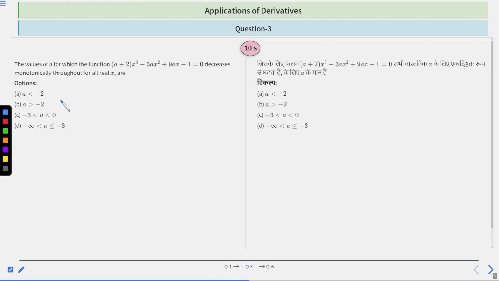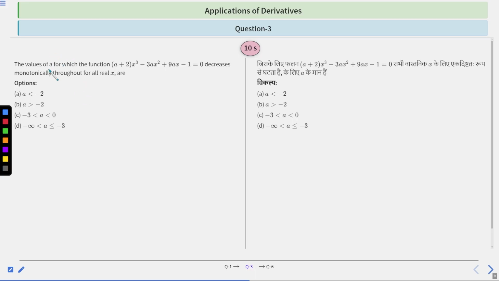Question number 3, which says the value of a for which the function (a + 2)x³ − 3ax² + 9ax − 1 decreases monotonically throughout for all values of x.